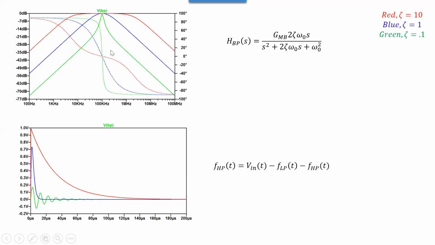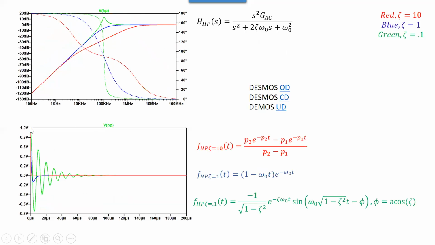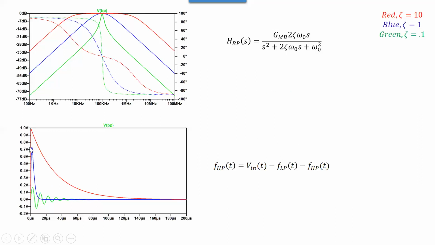Now, when it's critically damped and they're about the same, notice right in here, it doesn't go straight up. It doesn't start at 1. And notice this doesn't start at 1 either, whereas with the high pass, it goes right to 1. So it's a little bit reduced.